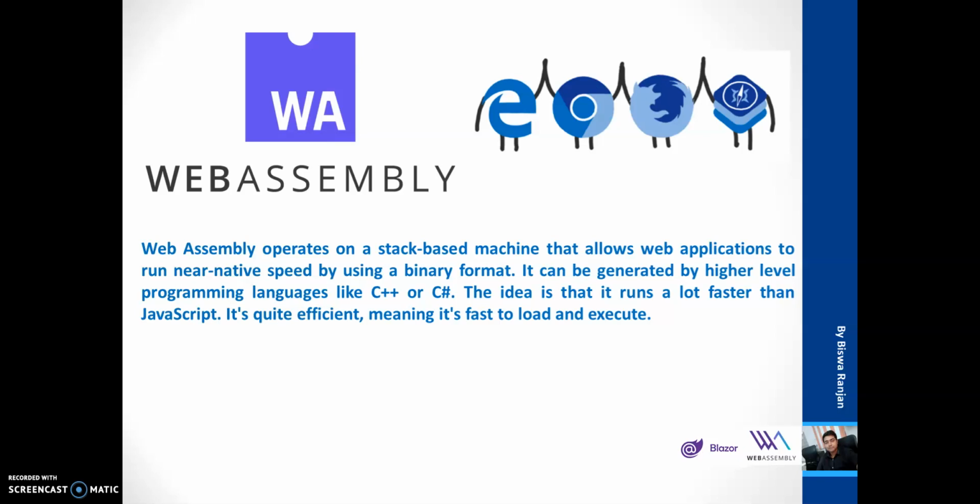WebAssembly can be developed using C, C++, C#, and it runs faster than JavaScript. So what did Microsoft do? Microsoft put the complete .NET framework on top of the WebAssembly framework. Our CLR, all the runtime libraries, everything will be converted into WebAssembly and run on the browser side.